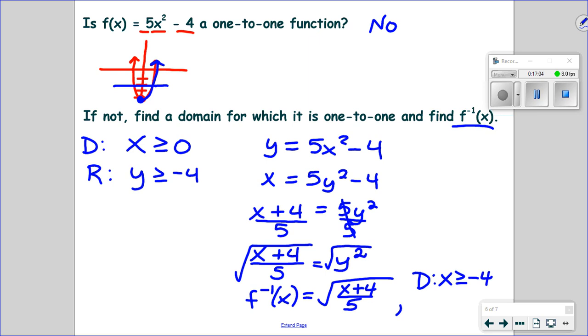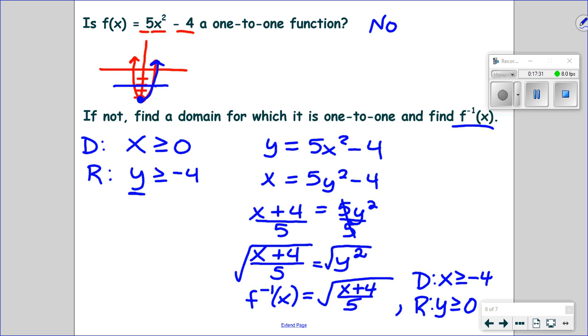All I'm doing is changing that y to x. And the range is going to be y is greater than or equal to 0. Okay, now often we're more interested in the domain just because the domain is limited there.